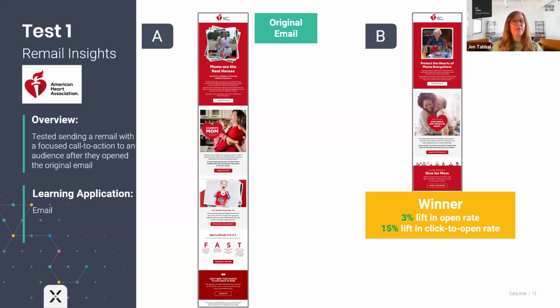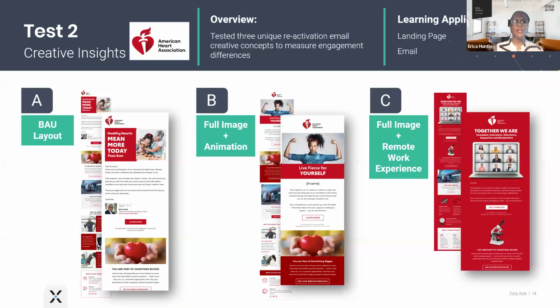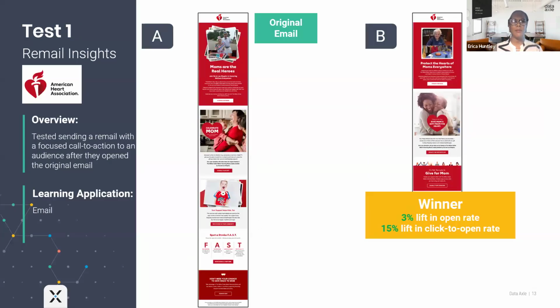We're going to go through a couple examples of some American Heart tests, and we'll look at some other clients after that. And just to add, Jen, this test was interesting with the remail because, for some, audience health is a concern: how does sending something again to an audience affect it? This one went to previous openers of an original email. And sometimes there's an assumption that maybe audience health might be at risk if you do that.